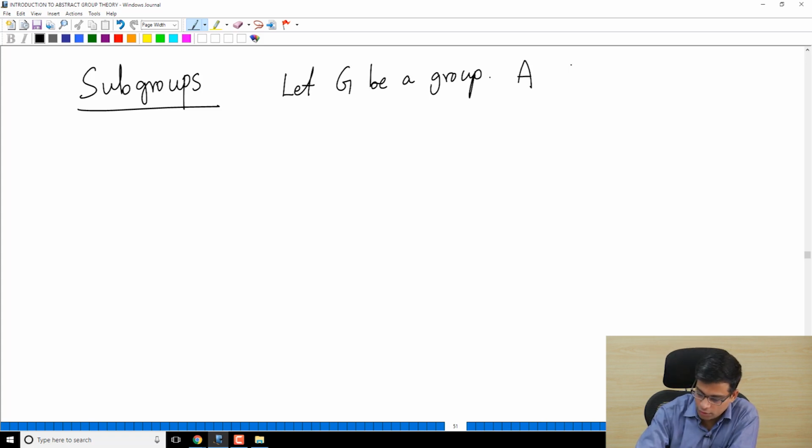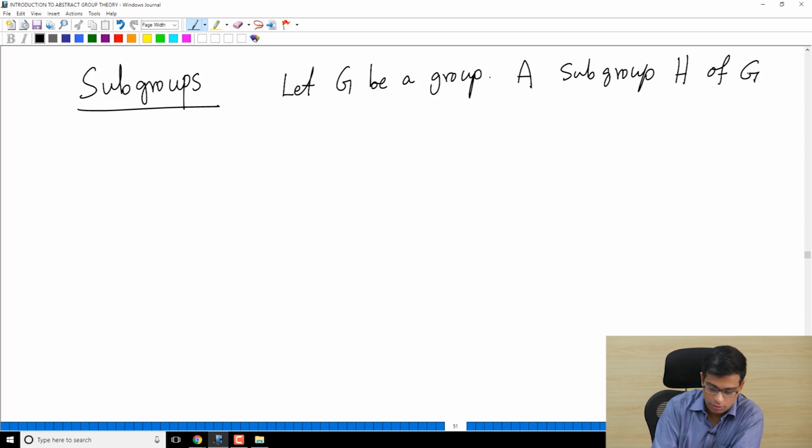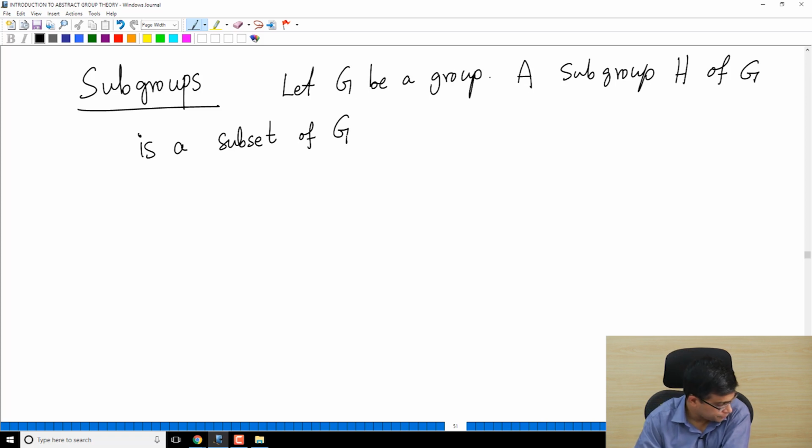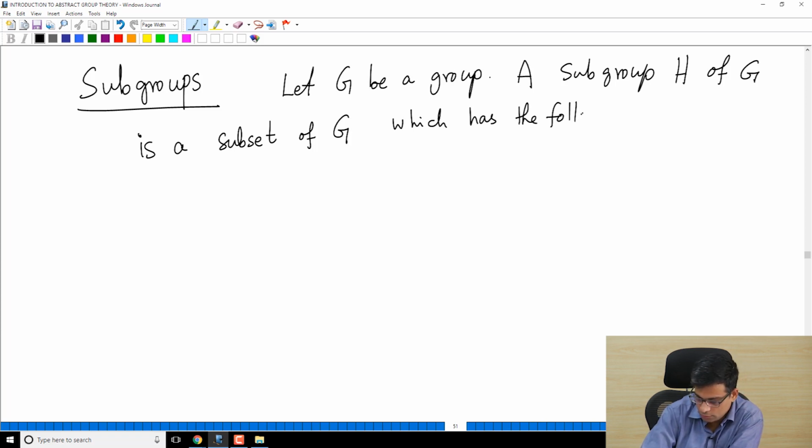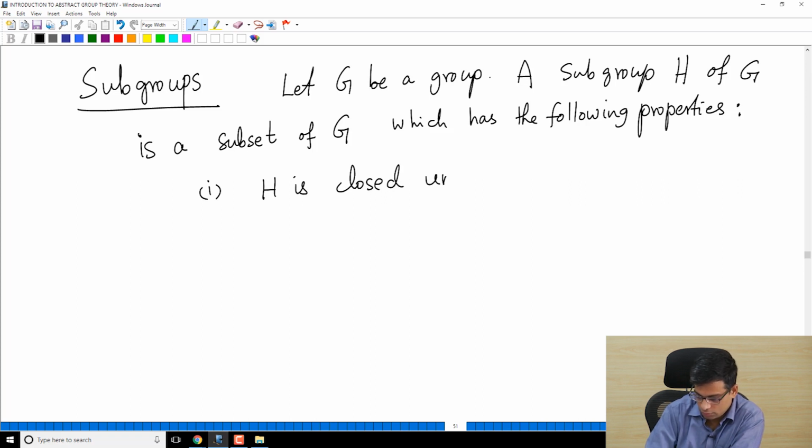A subgroup H of G is a subset of G. So, to begin with it is a subset of G which has the following properties. 1, H is closed under the operation of G.